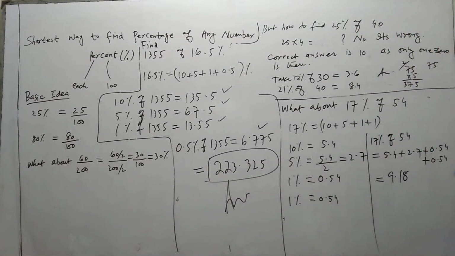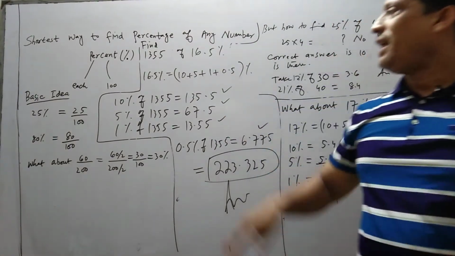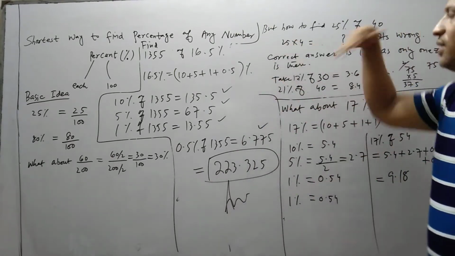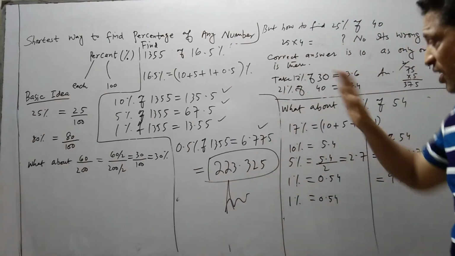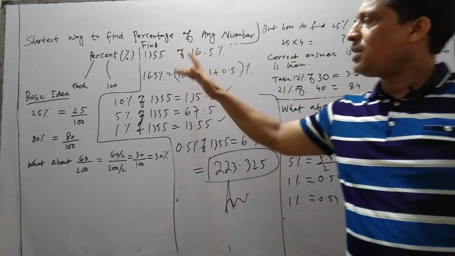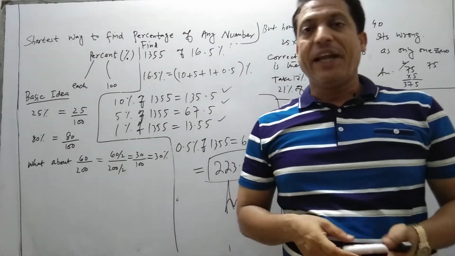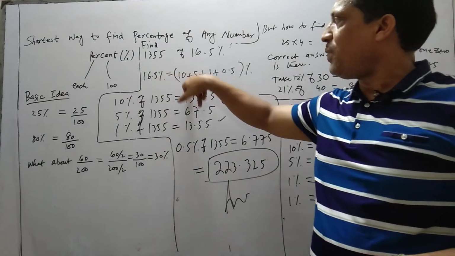So there is no need of a calculator to find the percentage of any number, whether it is in decimal form or without decimal form, with 0 or without 0. Just play with numbers. How to play? It depends on your practice. Practice 16.5%.